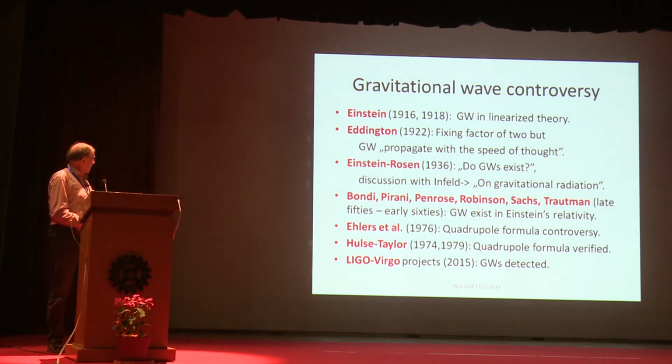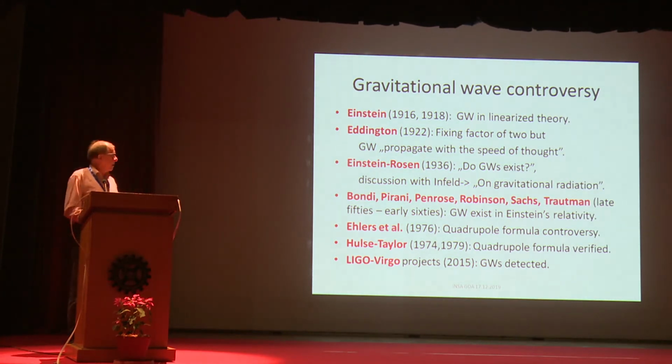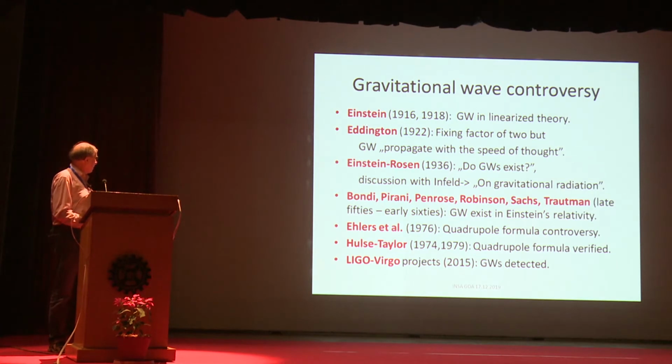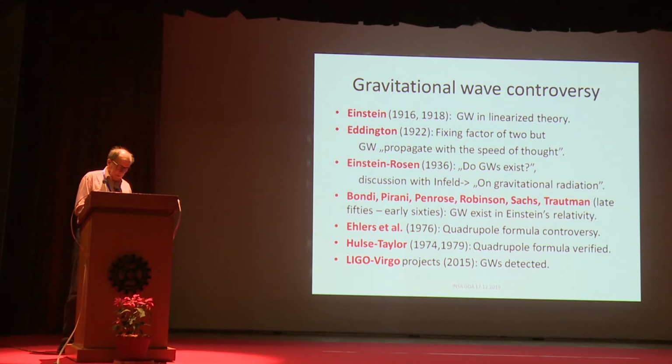And only in 2015, when big and complex detectors were built and the sensitivity improved, were gravitational waves eventually detected. This was done by the two LIGO detectors almost 100 years after general relativity and almost 100 years after Einstein predicted gravitational radiation.